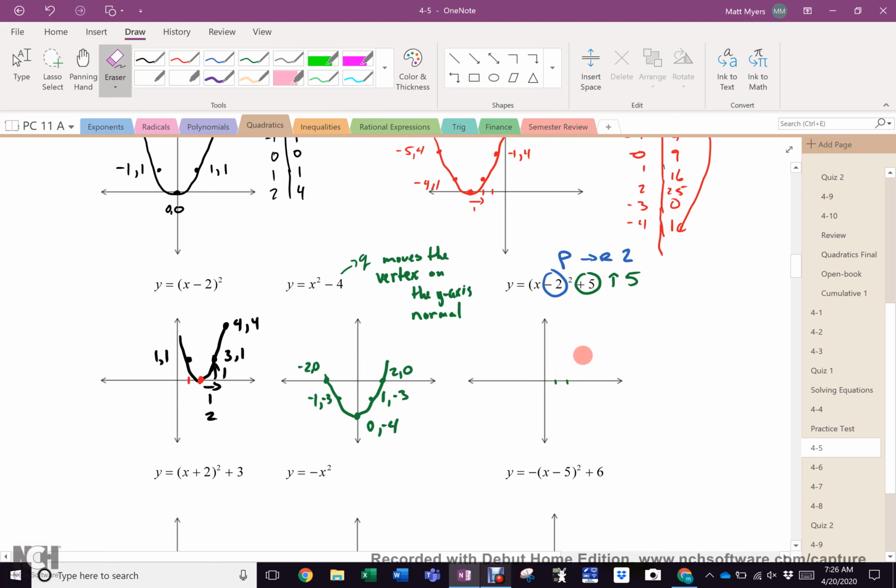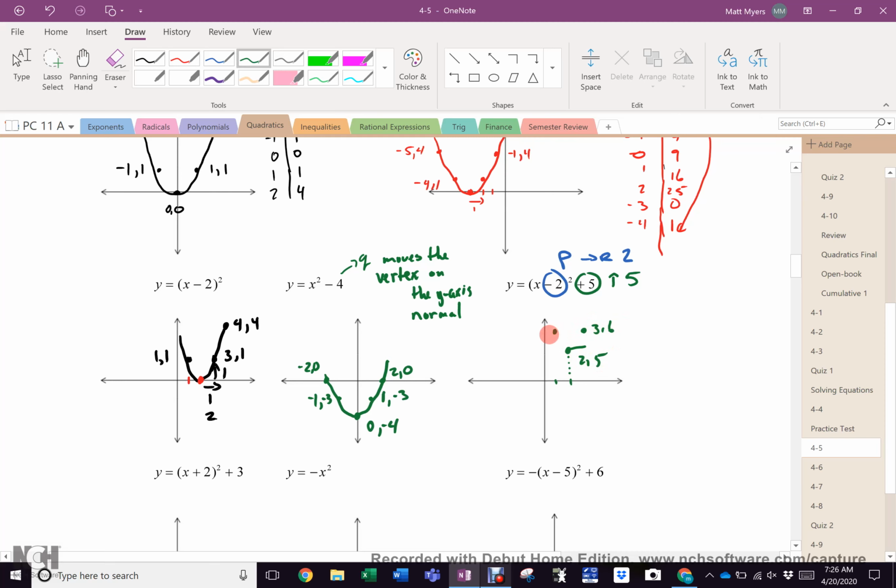I'm going to run out of room, so I'm going to make this smaller. 1, 2, and up 1, 2, 3, 4, 5. There's my vertex. Nothing else has changed. It's 2, 5. So I go over 1 to what number? 3. Then I go up 1 squared, which is 1. So that is going to be 3, 6.